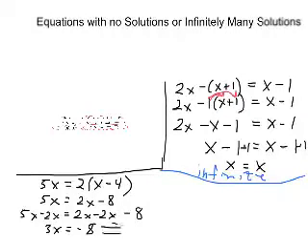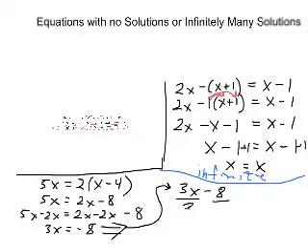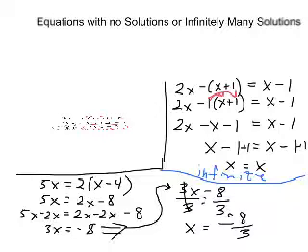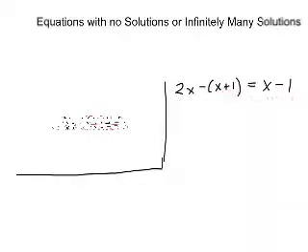Then I ran out of room, so I'll bring it back up here. We have 3x equals negative 8. Divide both sides by 3. That cancels out and we get x equals negative 8/3. There we go. One solution.